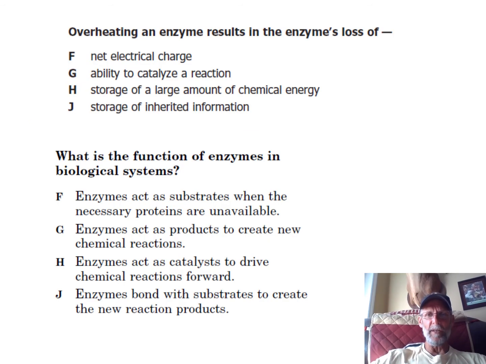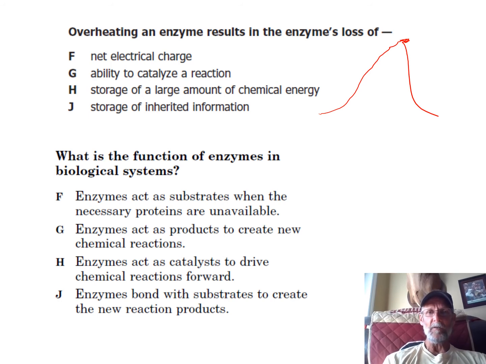Practice time a little bit, okay? So overheating an enzyme, oh, we just talked about that. I know about that, right? If we heat up the system, the enzyme works better until it hits that point where, boom, it doesn't work anymore. That was the graph part, right? It results in the enzyme's loss of what? Well, it had its shape change. Nothing about shape change here.